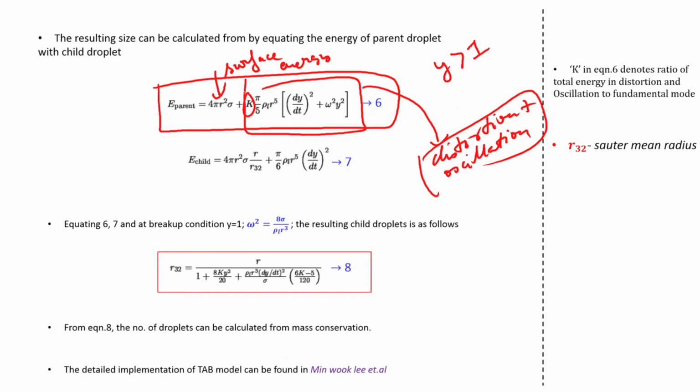Once again, we are only concerned with one mode, and that is the fundamental mode, right. Okay. So, K gives you a value of around 10 by 3 if you consider this. So, this is the total energy of the parent droplet.